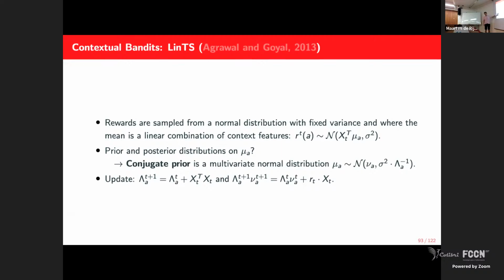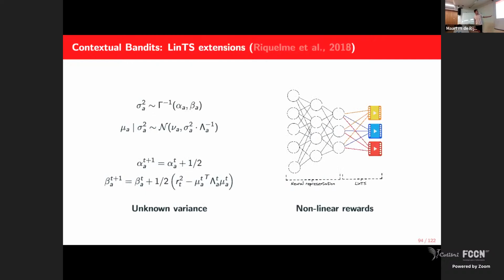The updates now include some matrix multiplication because we're working with a multivariate distribution, but still it's possible to do it. Then you have some extensions to this algorithm. I'm not going to cover them now, but I encourage you to read that paper here and try some methods for yourself. It's really easy to implement, actually, so it's good to try.